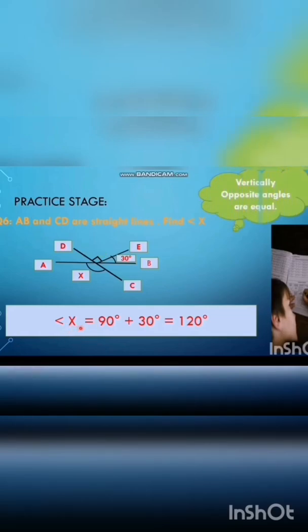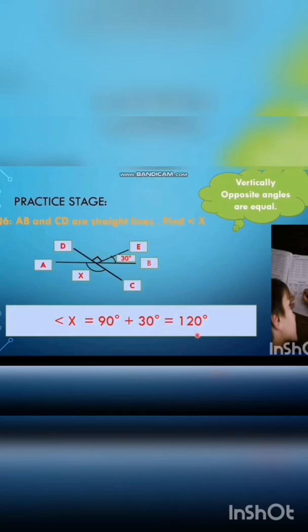Now another line appears, and we have an angle. This angle is a box angle, that is 90 degrees, and we have angle X and a 30 degree angle. Now angle X is equal to 90 degrees plus 30 degrees, which is 120 degrees.